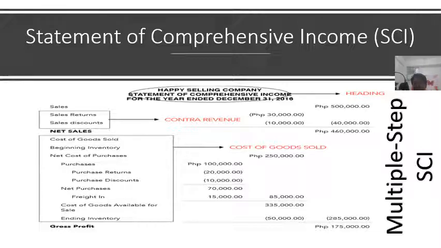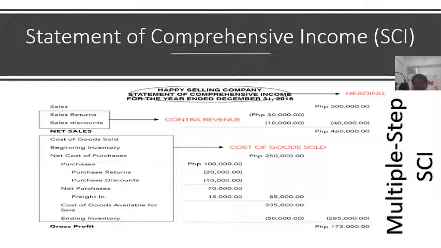So for the year ended, then the period, December 31, 2018 or 2016 or 2021. For the statement of financial position, you use as of December 31, 2018, 2019, 2021.